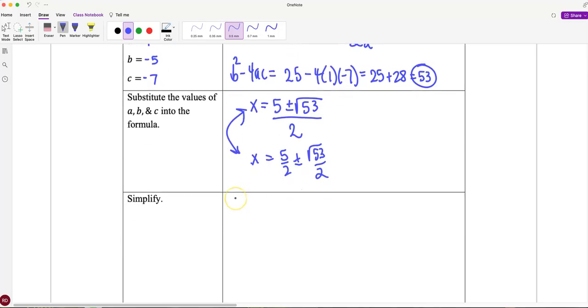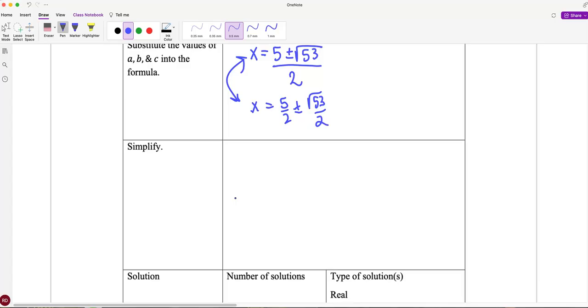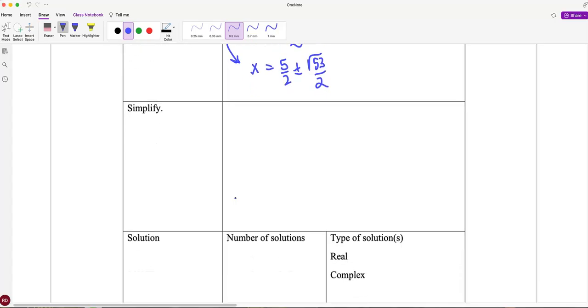If it was 6 over 2, then I would simplify, but there's no simplifying these fractions. So my answer is x equals 5 halves plus or minus the square root of 53 over 2. And like I said, you could write it either way, as one fraction or two.